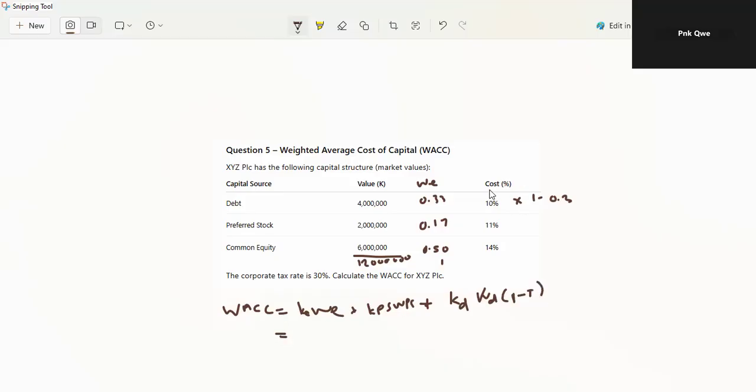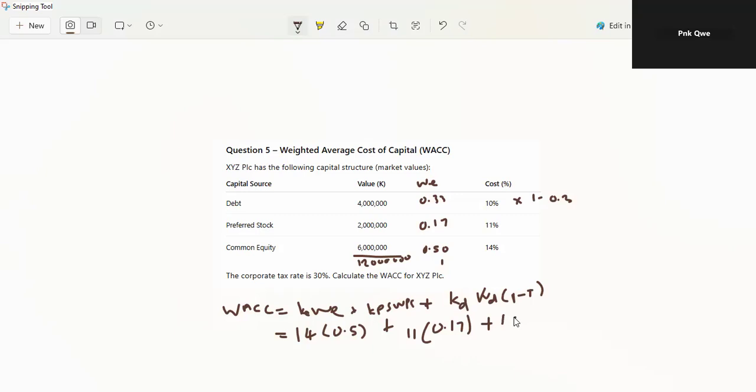What was the cost of equity? We've been given the cost here. Cost of equity is what? 14%. And what is the weight of equity? 0.5. And what is the cost of preferred stock? 11%. What was the weight? 0.17. What was the cost of debt? 10%.